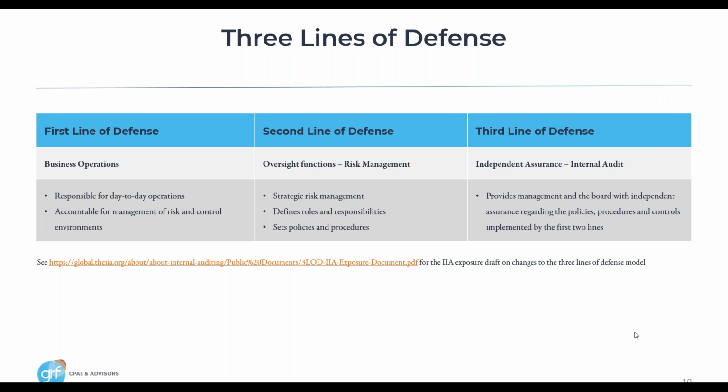Some of the most advanced or mature internal audit functions that I've seen are responding to risks more proactively and putting controls in place before an event happens. And that's what the IIA is trying to address with this exposure draft. So feel free to download the draft and comment. You have the opportunity to get involved and help change some of this guidance right now.